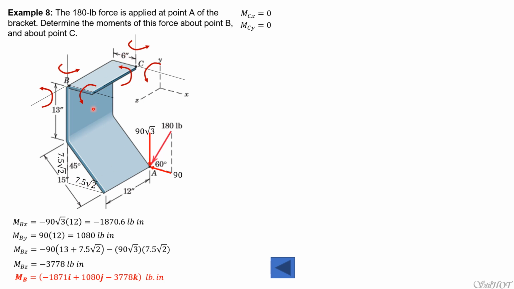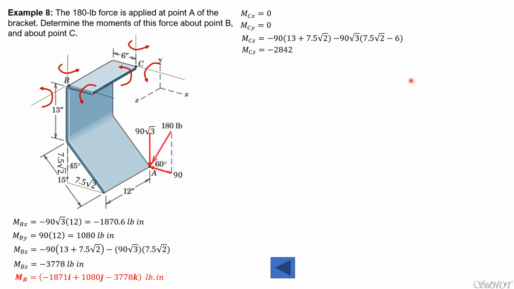So this is 6 inches if you draw a vertical line. So the net distance or moment arm of this 90 square root of 3 would be 7.5 square root of 2 minus 6. So moment about CZ axis is negative 90 times quantity 13 plus 7.5 square root of 2, then negative 90 square root of 3 times quantity 7.5 square root of 2 minus 6 inches.